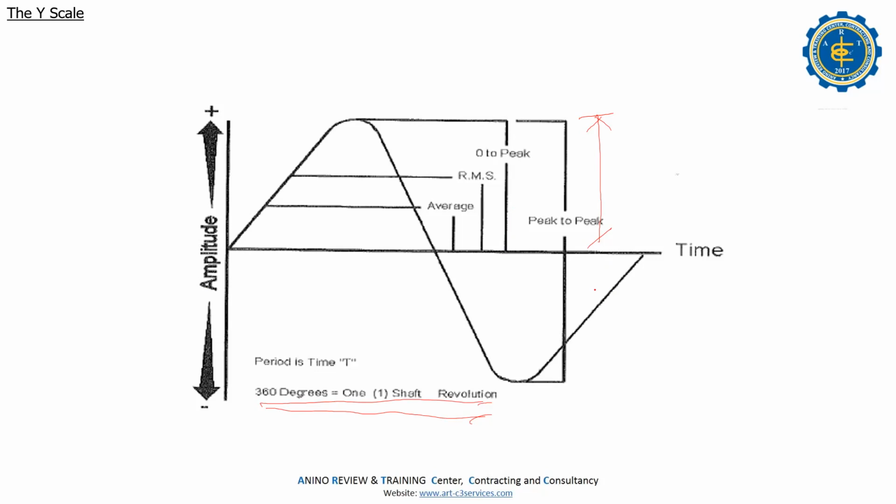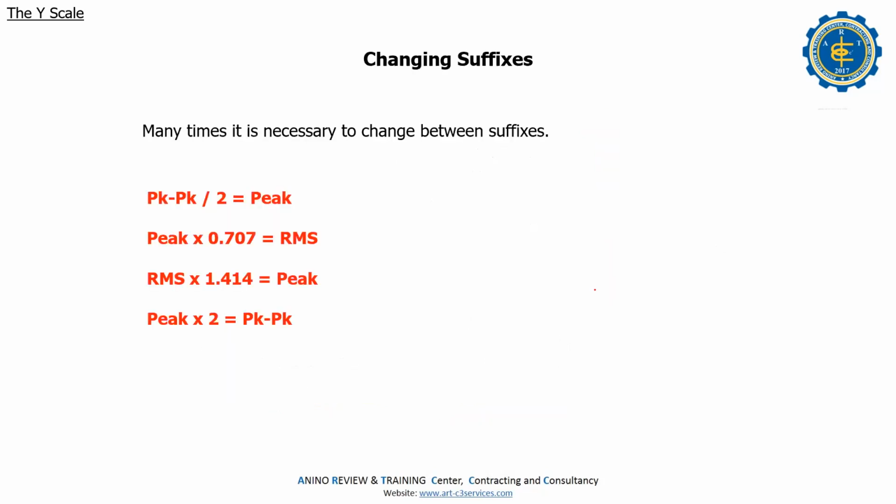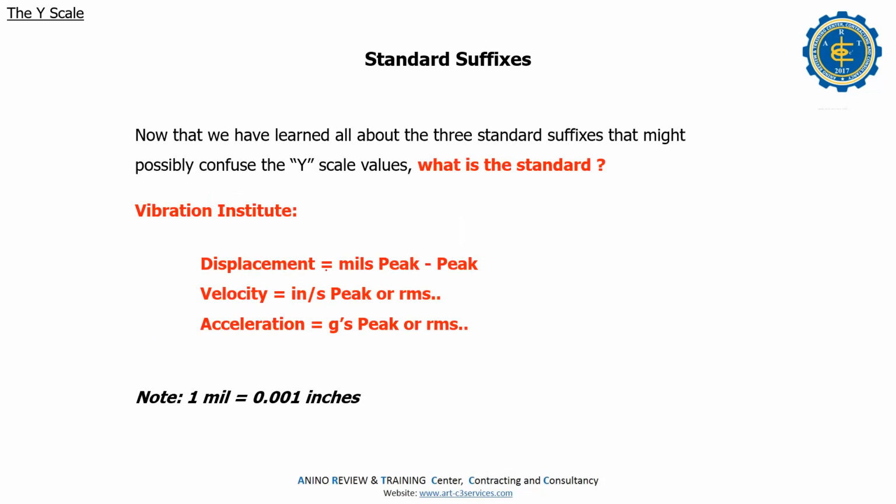So changing suffixes, you have peak to peak, divided by root 2 to RMS. So you can know already how to change. RMS equals V peak divided by root 2.